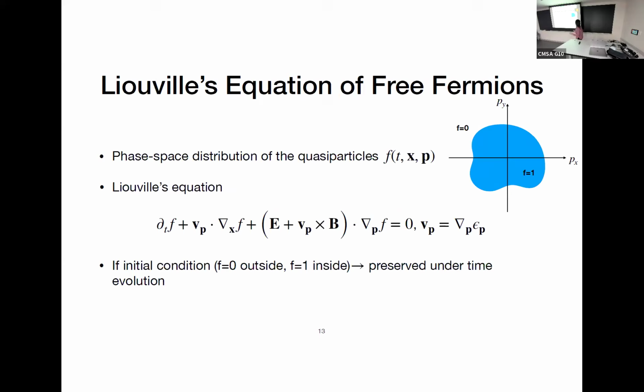If we zoom in on the kinetic equation, because it is related to the phase space Poisson bracket, we find that the kinetic equation is just the Lagrange equation of the free fermions. And under this time evolution, the initial condition, F0 is 1 inside the Fermi surface and 0 outside, will be preserved.